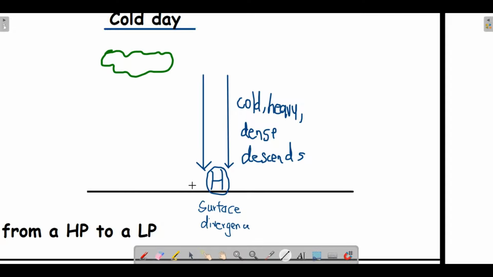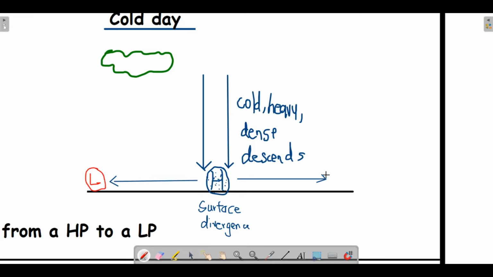So it diverges, moves to different areas. It actually seeks areas of low pressure because it's coming from an area where it is compact. There are a lot of particles next to each other, and so it wants to move to an area where there are fewer particles, and so it looks for a low pressure system.